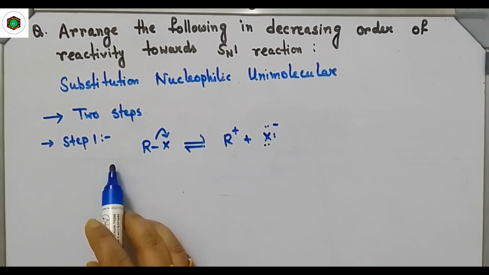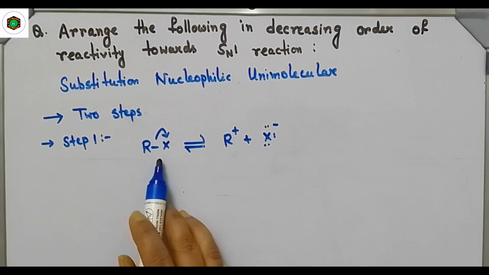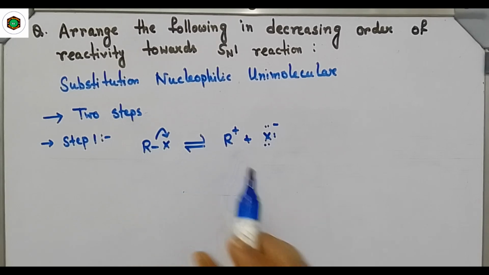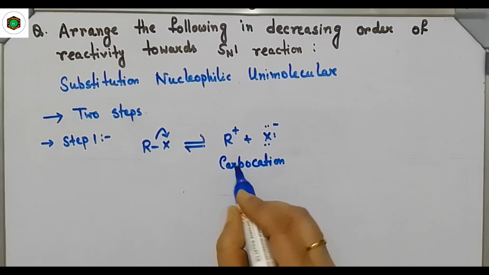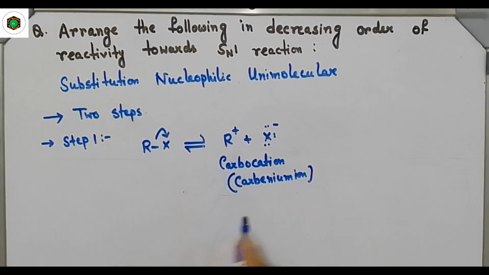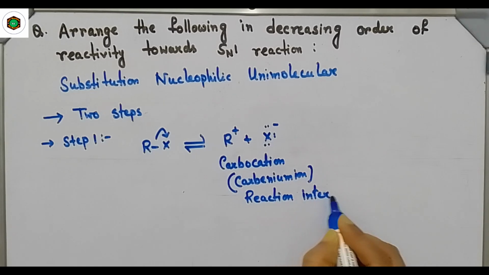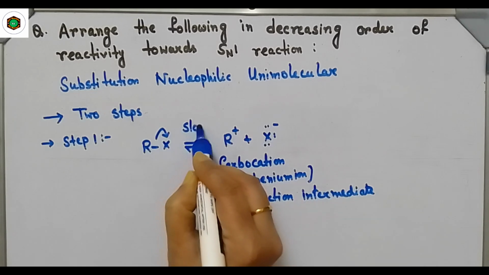At the first step, slow ionization of the substrate takes place and a carbocation, or you can say carbenium ion, is formed as reaction intermediate. This is the slow step.